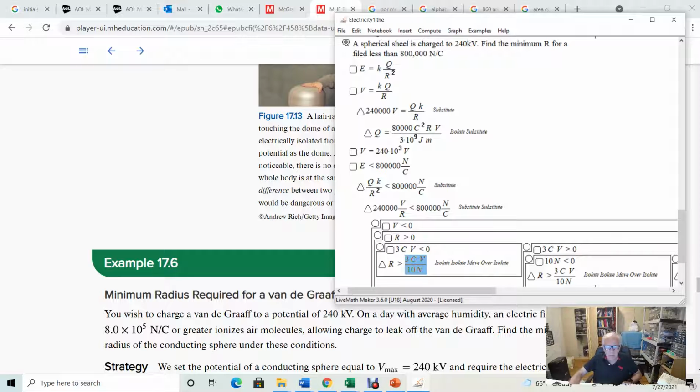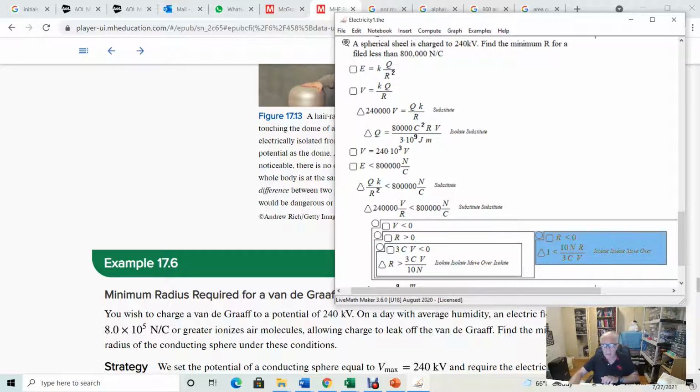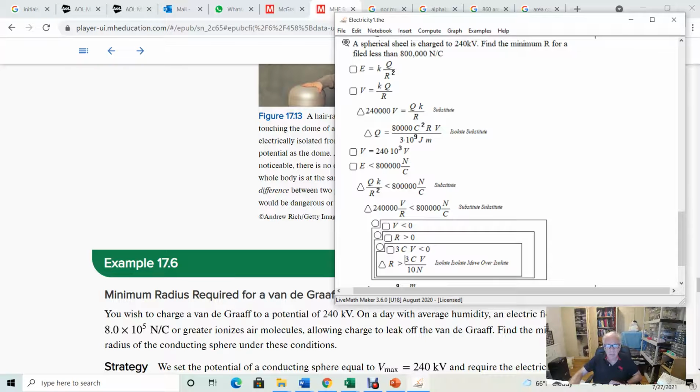We've got to change the units, by the way. Newton per coulomb is not joules. Of course, it's got to be in meters, right? So Newton is what?